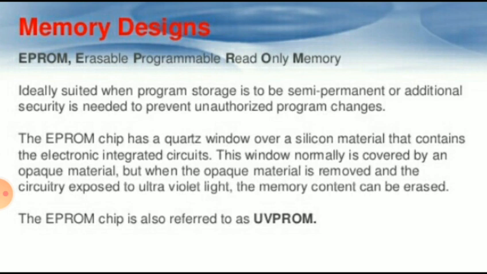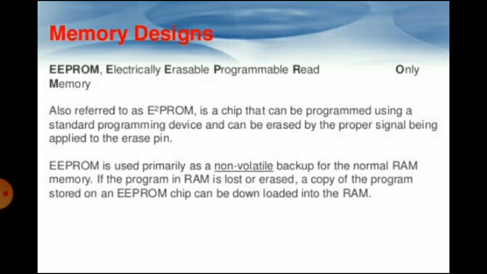It can be reprogrammed after having been entirely erased with the use of an ultraviolet light source. And EEPROM is a non-volatile memory that can be erased using electrical pulses rather than ultraviolet light. The EEPROM can be electrically overwritten with new data.